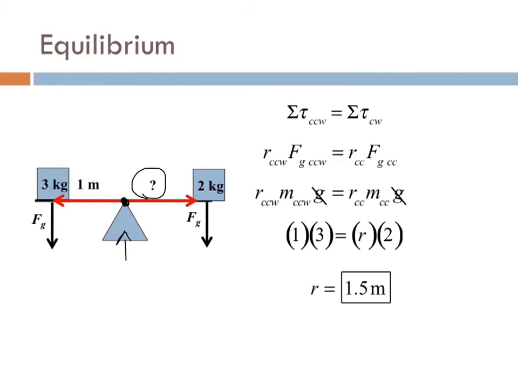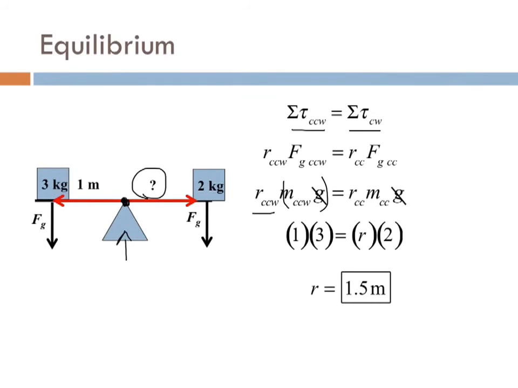Now, if we want this seesaw to be balanced, then the sum of the torques needs to be equal to 0, or the sum of the counterclockwise torques needs to be equal to the sum of the clockwise torques. In this case, on the left-hand side, the force that's causing rotation is going to be mass times gravity. And again, multiplied by a distance r away from our axis of rotation.